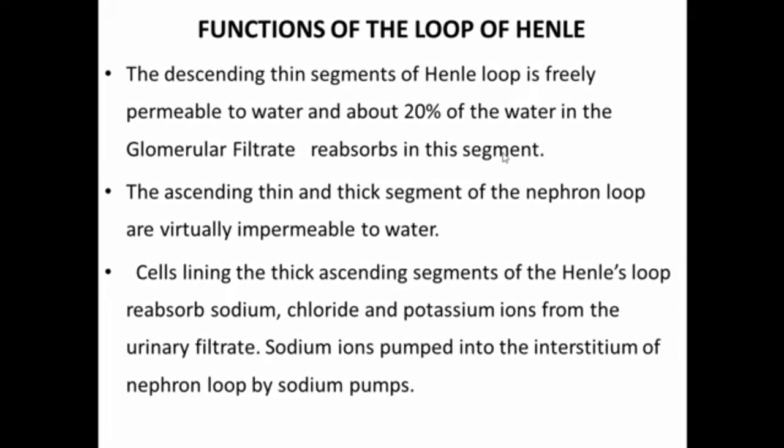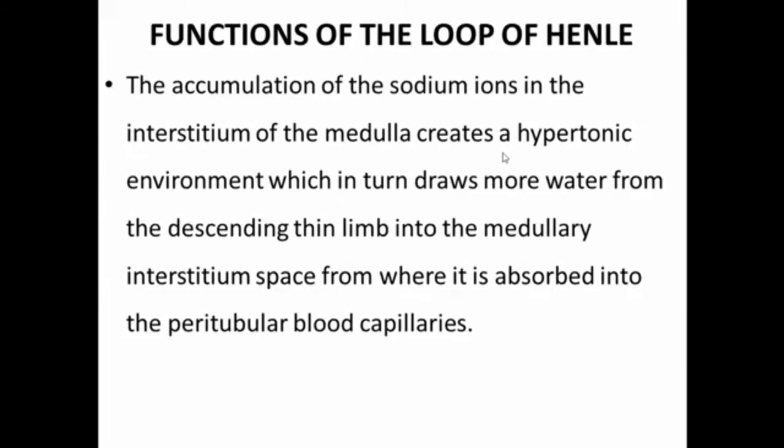Cells lining the thick ascending segment of the loop of Henle reabsorb sodium, chloride, and potassium from the urinary filtrate, and sodium ions are pumped into the interstitium by the sodium pumps. The accumulation of sodium in the interstitium of the medulla creates a hypertonic environment, which in turn draws more water from the descending thin limb into the medullary interstitial space, from where it is absorbed into the peritubular blood capillaries.